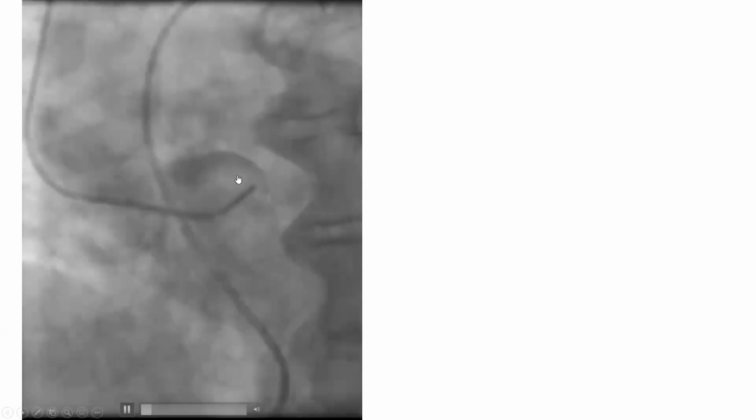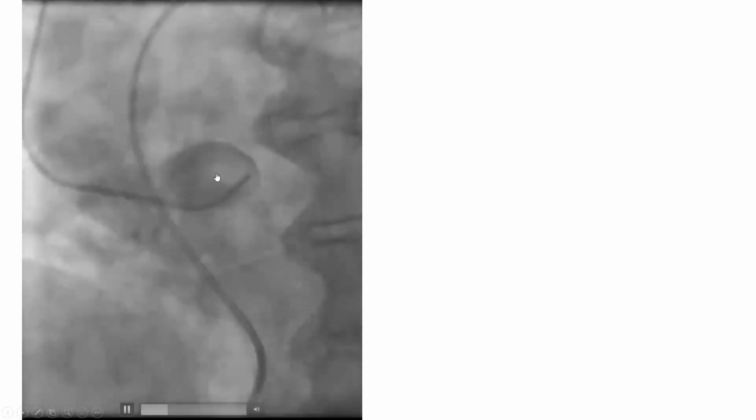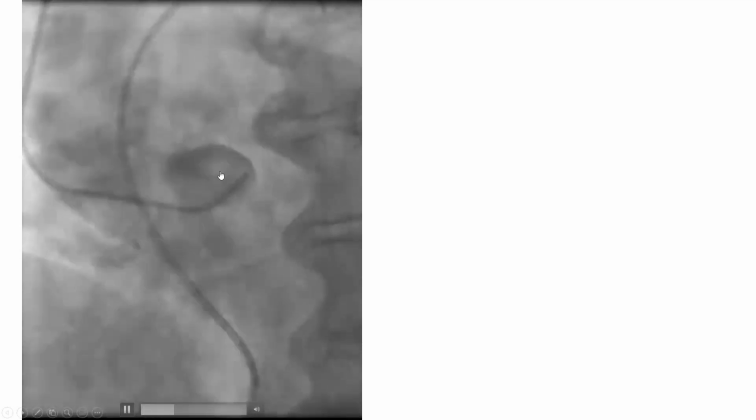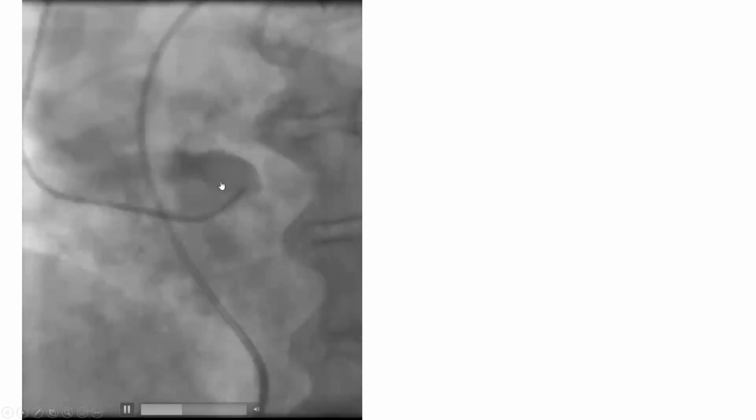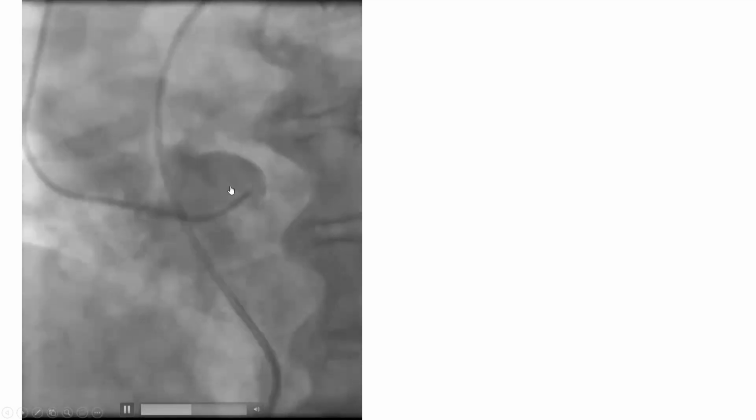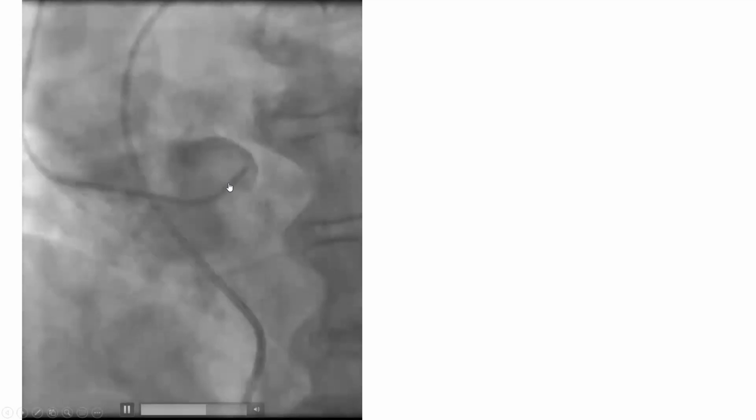Do also a non-selective cusp injection in an REO view to see, well, maybe it is that left main coming from the left cusp, except it's coming maybe anteriorly from that left cusp. Maybe it's coming from here or posteriorly. So do non-selective left cusp injection in LAO first, then REO view.